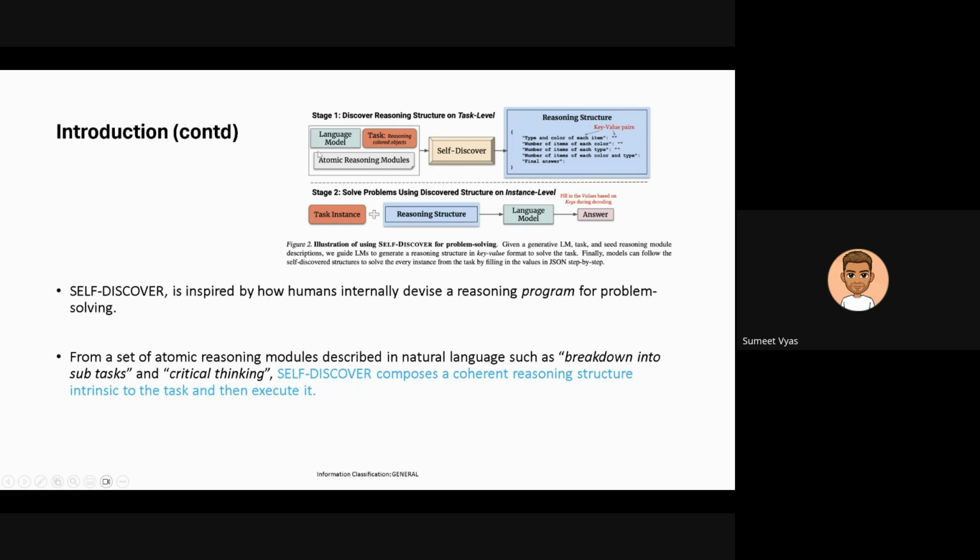And then the third block you see here is atomic reasoning modules. These are basically just some natural language statements, or natural language paragraphs, which we call modules. And these modules represent some kind of intelligence. So one of them, let's say, could be a reasoning module, or maybe one of them could be an RCA, that is root cause analysis.